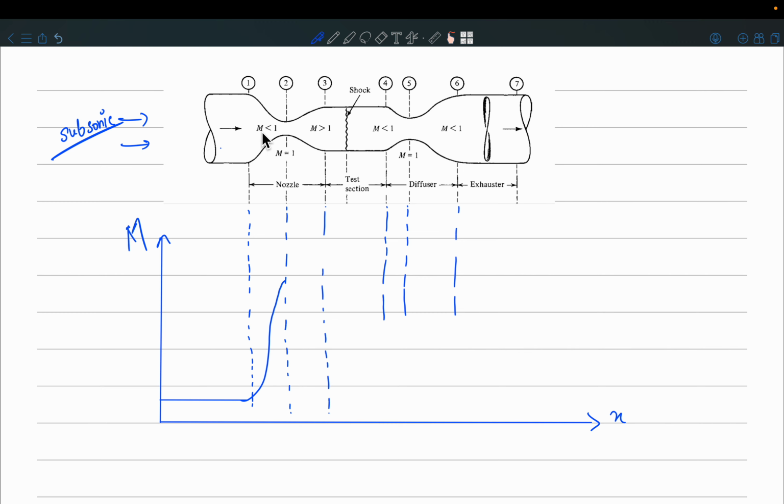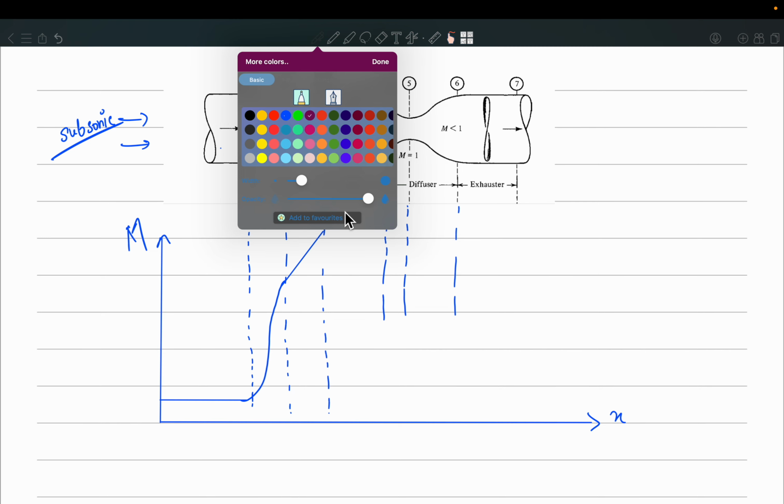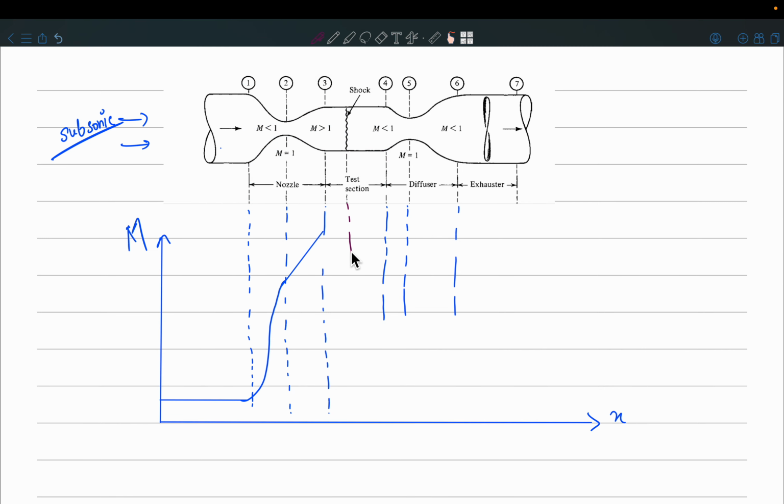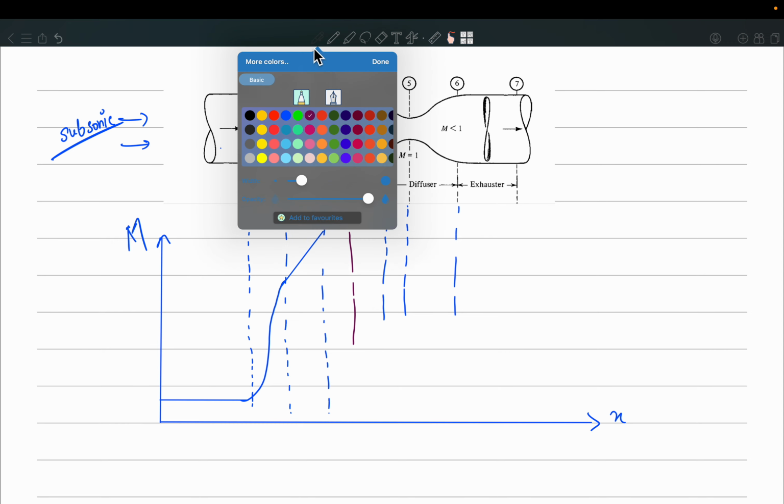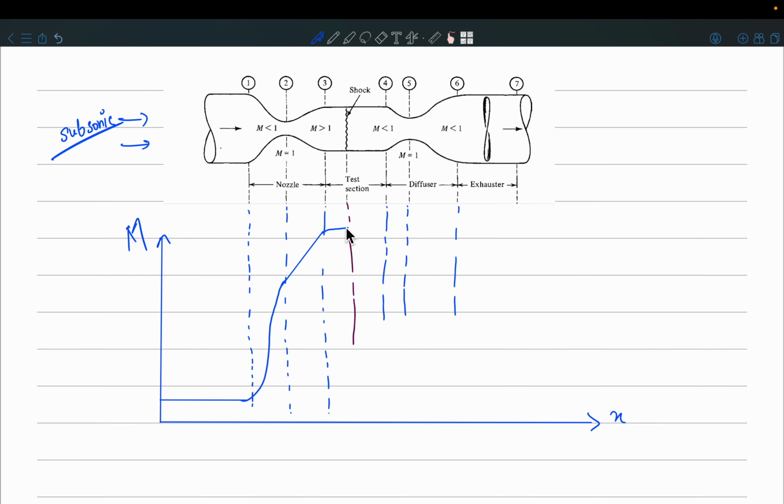The flow becomes sonic, M equal to 1, in the nozzle throat, and then it will become supersonic in the diverging part. Then again the Mach number is going to increase further, and it will remain almost constant up till this point of the shock location, and as soon as the shock occurs, this will drop.